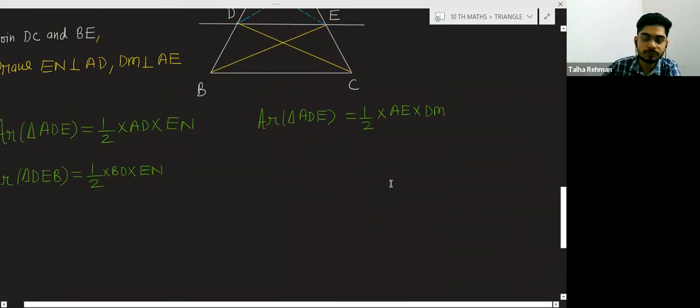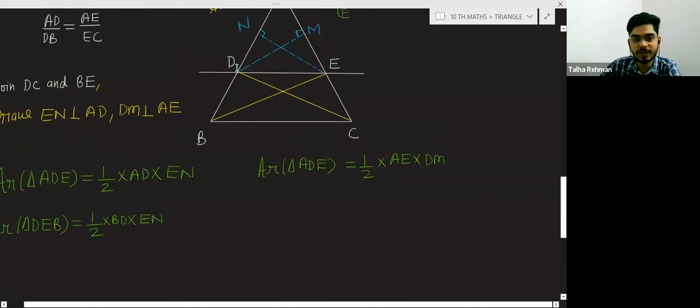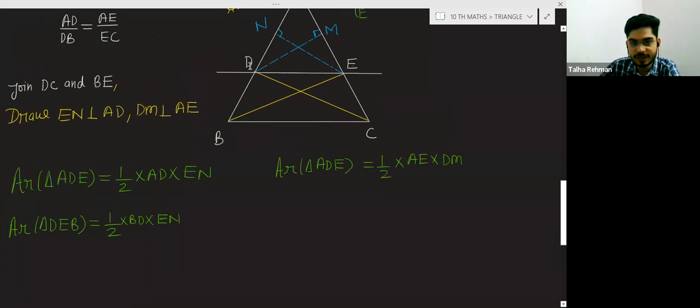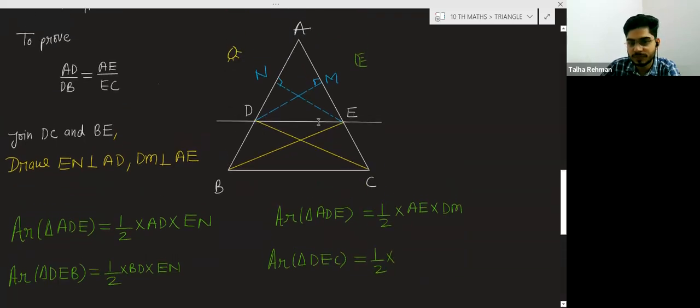Now we will calculate the area of this triangle DEC. This is one triangle, DEB. Another triangle is DEC. Half into base into height. Half. What is base for this triangle? See, the perpendicular is this, this BC.